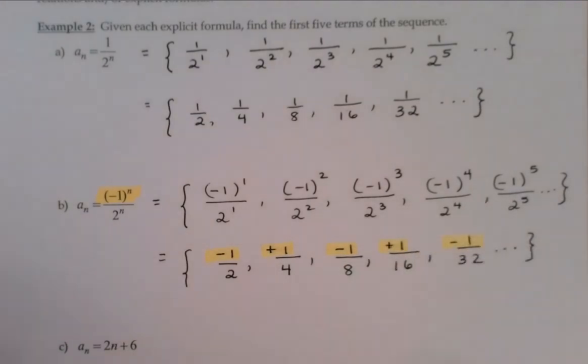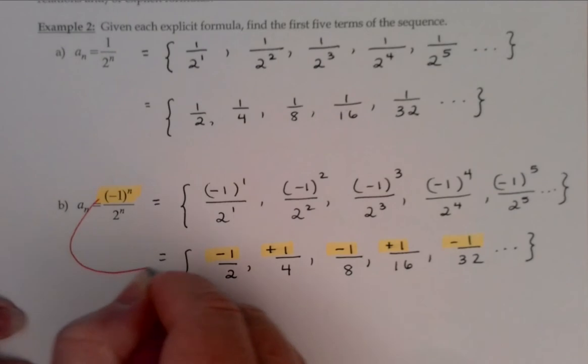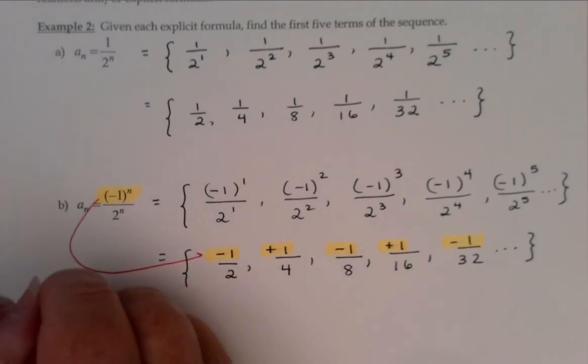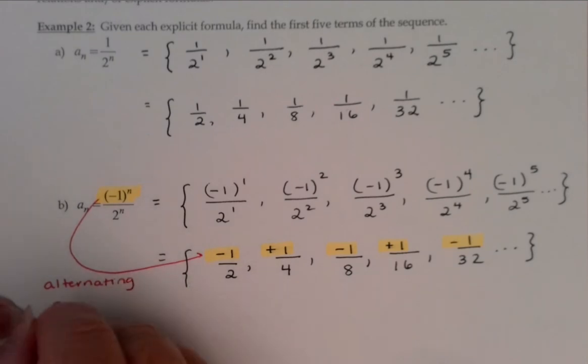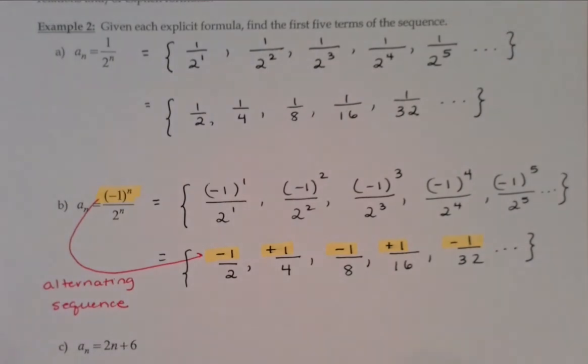And notice how every other term is positive and every other term is negative. This structure causes what we call an alternating sequence, where the terms just change signs from one to the next.